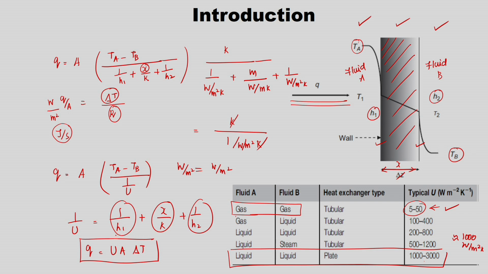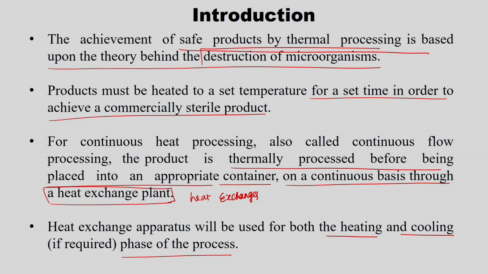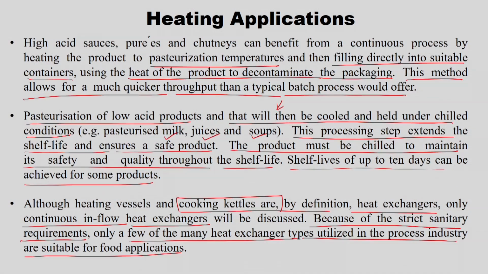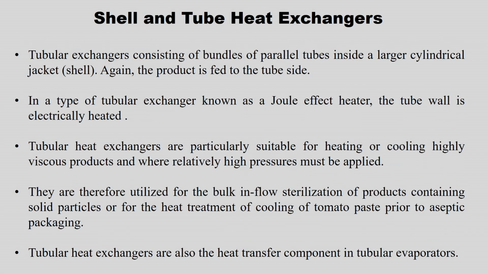That is the way we calculated the overall heat transfer coefficient. But if you have 3 tubes, then you need to further calculate the heat transfer coefficient. It is not an easy or straightforward method to calculate the overall heat transfer coefficient for the triple tube heat exchanger than for the double tube heat exchanger.